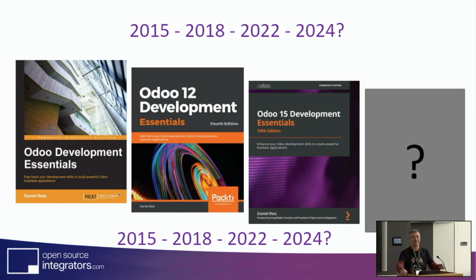Okay, good. One question. Please, Frederick. What change in Odoo caused the most trouble for you in writing the book? It was the access rules on the wizards.